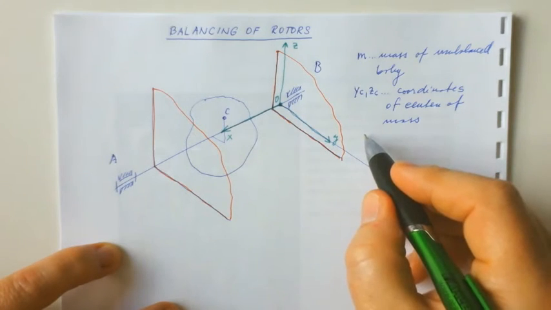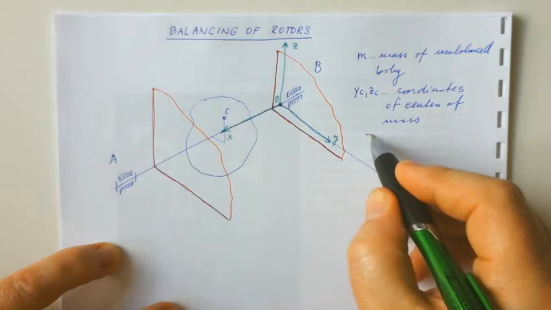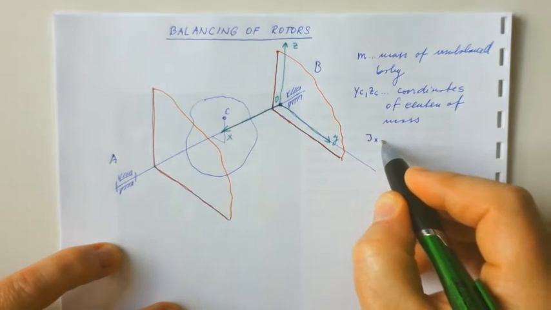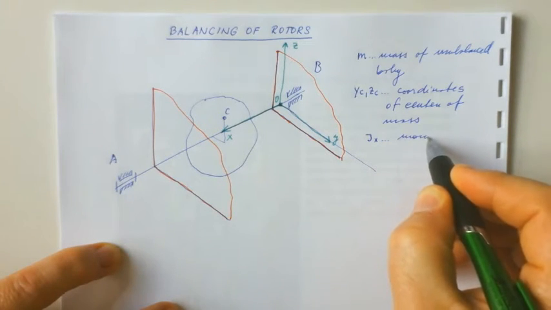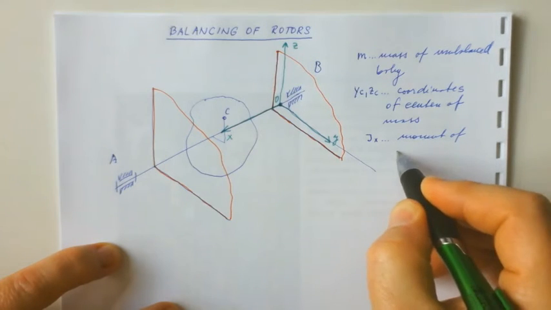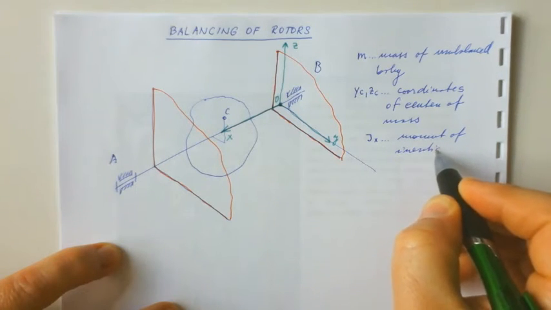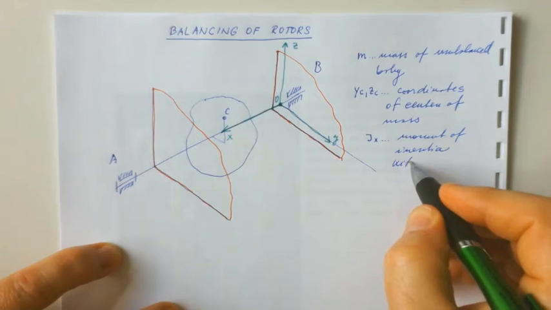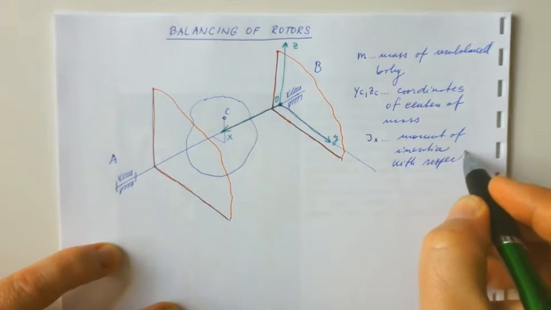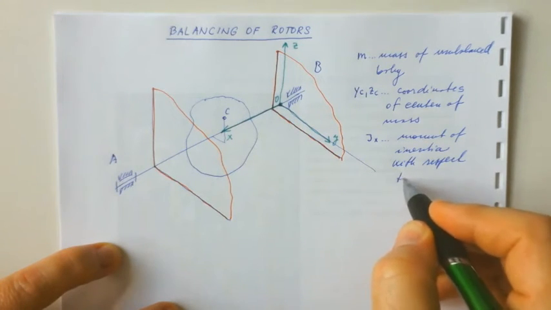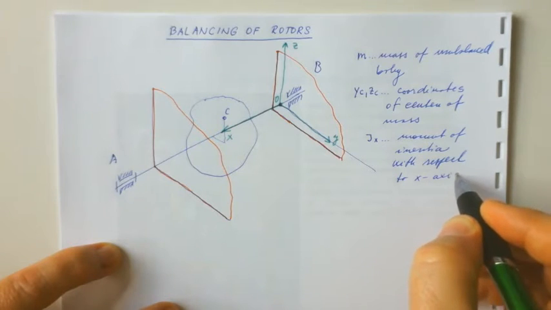Then we know Jx, the moment of inertia with respect to the x-axis.